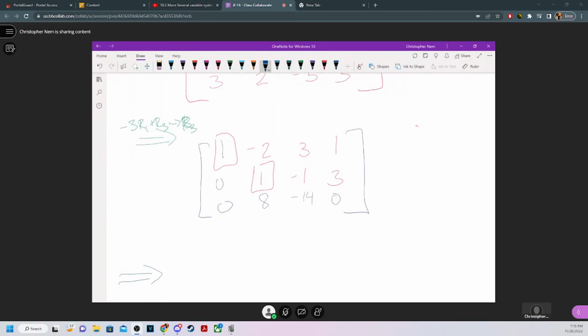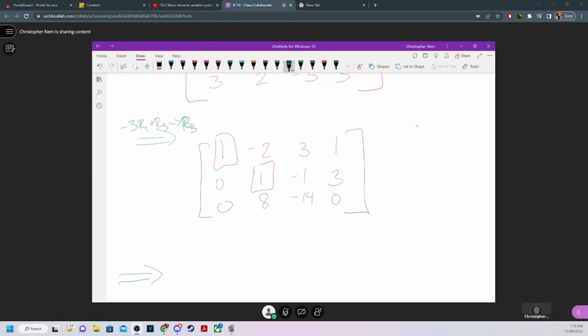Well, now some of you might have said multiply row 1 by positive 4. However, if you do that, you'll notice that this value will change because I'm multiplying this by 4 too. And then when I add that together, I will have a value. So I'm going backwards if I do that. There's an easier way to turn that into a 0 without worrying about the first row.